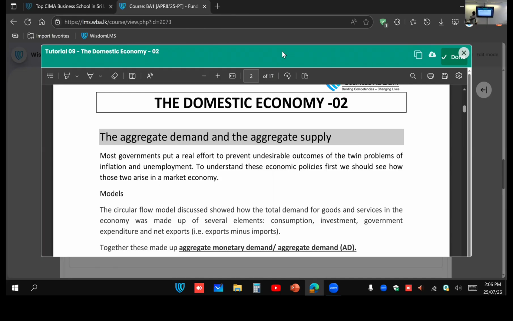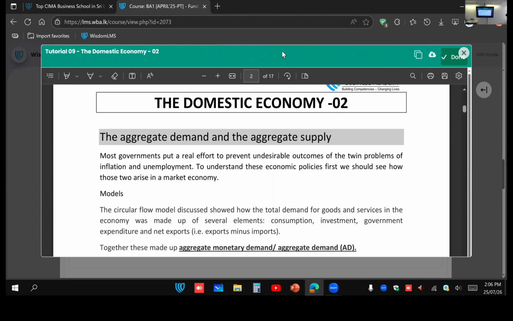Okay. So the aggregate demand and the aggregate supply. Simply put together, what were aggregate demand and aggregate supply, guys? Macroeconomic context, very good. At the micro level, we discussed individual markets, demand and supply, how equilibrium works, how government intervention works.